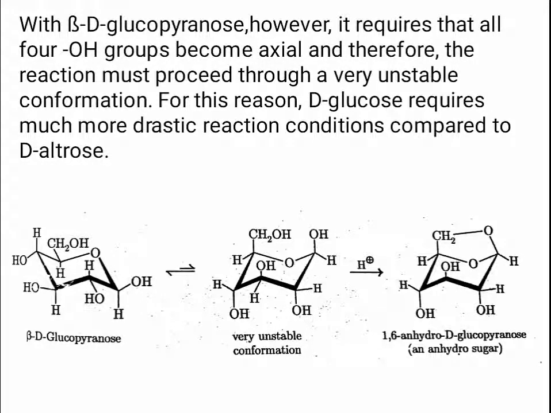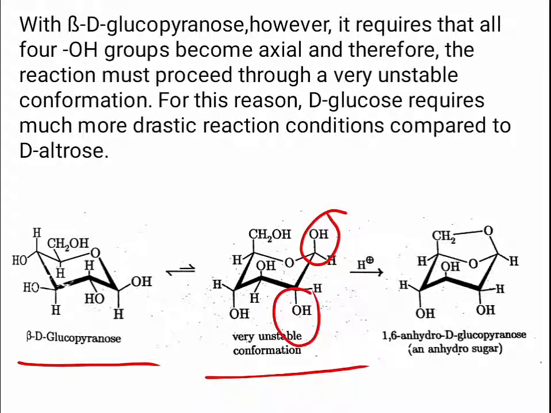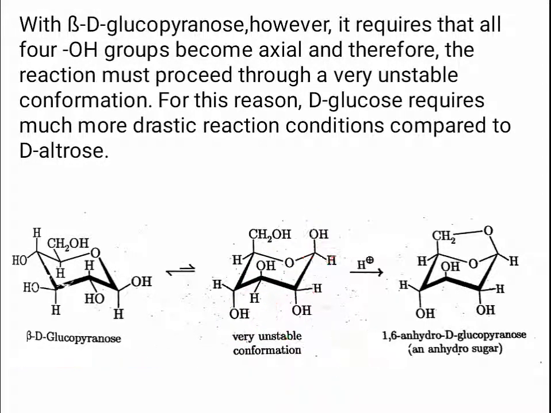So in case of beta-D-glucopyranose, anhydro sugar formation is also possible, but that requires drastic conditions, because you have to make the ring flip, which is very unstable, because all these 4 OH groups are in the axial positions. But still, if you supply that much energy, this can form anhydro sugar.